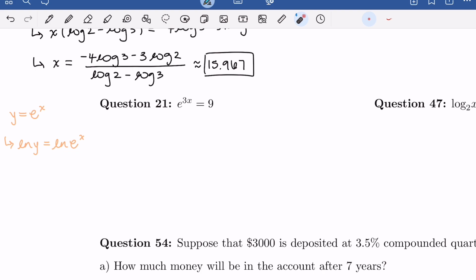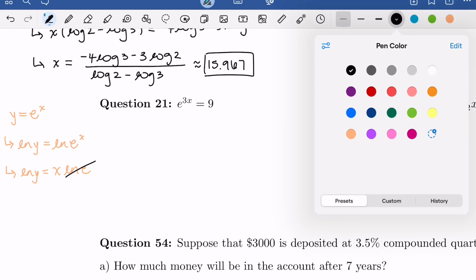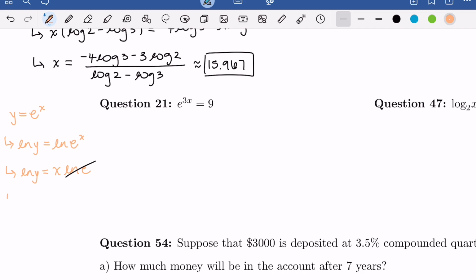Using our power rule, this x is going to come down in front, and then we're just going to have ln of e. So these are going to undo each other, and we're just going to end up with ln of y is equal to x.